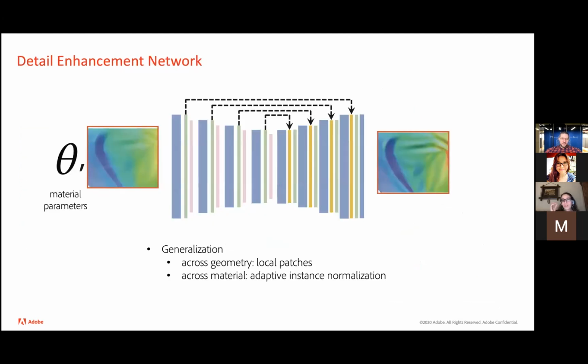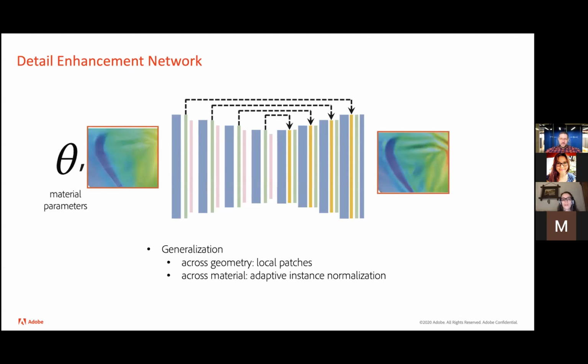So with this motivation, we designed this detail enhancement network, which is very similar to a style transfer network. The two main things is, of course, we want to make this network generalize across different garment types. Different garment types might have different normal map topologies because they will have different 2D patterns.